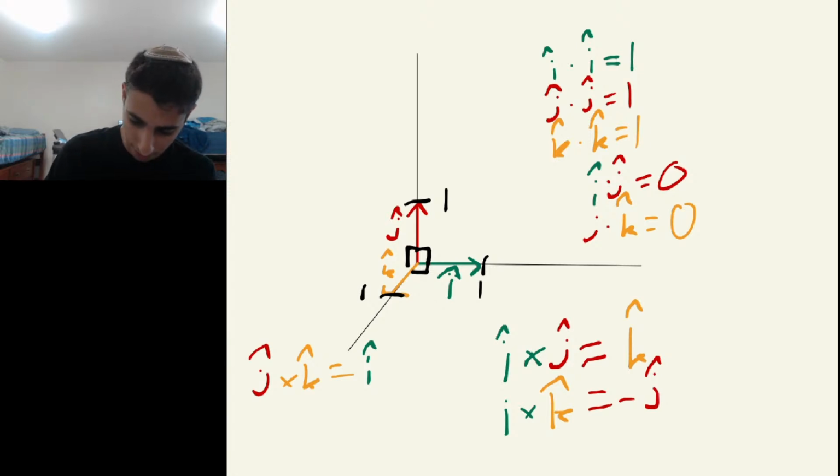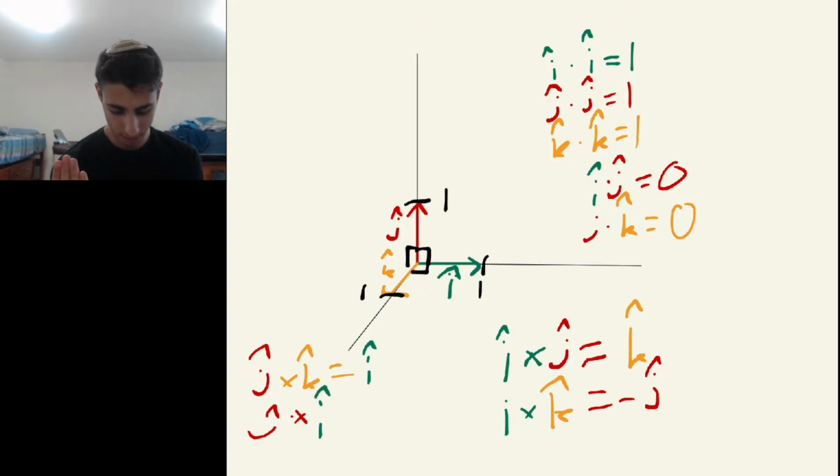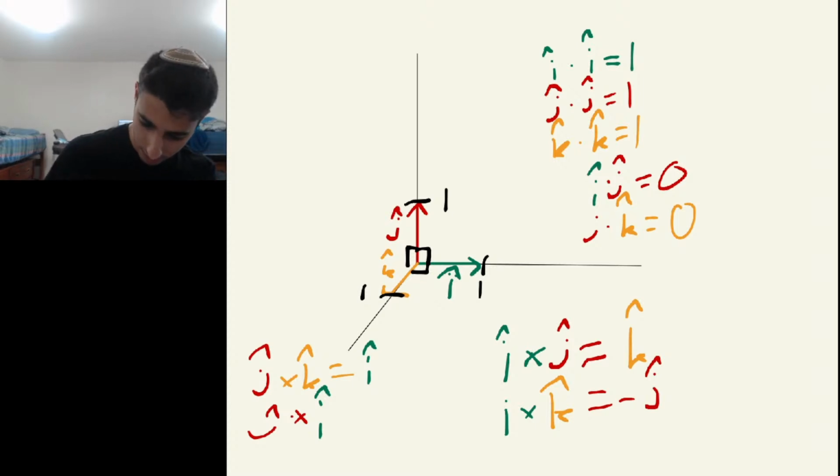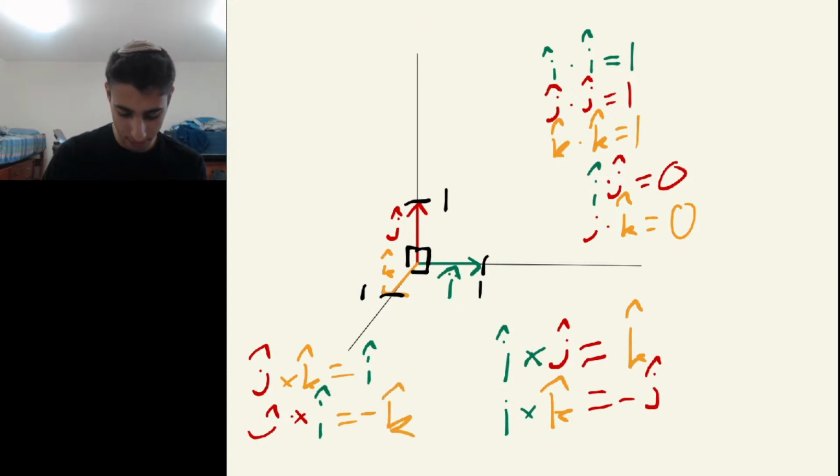And then we could also have j cross i. Okay, let's do that again. Let's point our right hand up and fold it in the direction of i. And we see that we're going away from us, which is negative k. So yeah, j cross i is negative k. You see how all these unit vectors are related to each other.